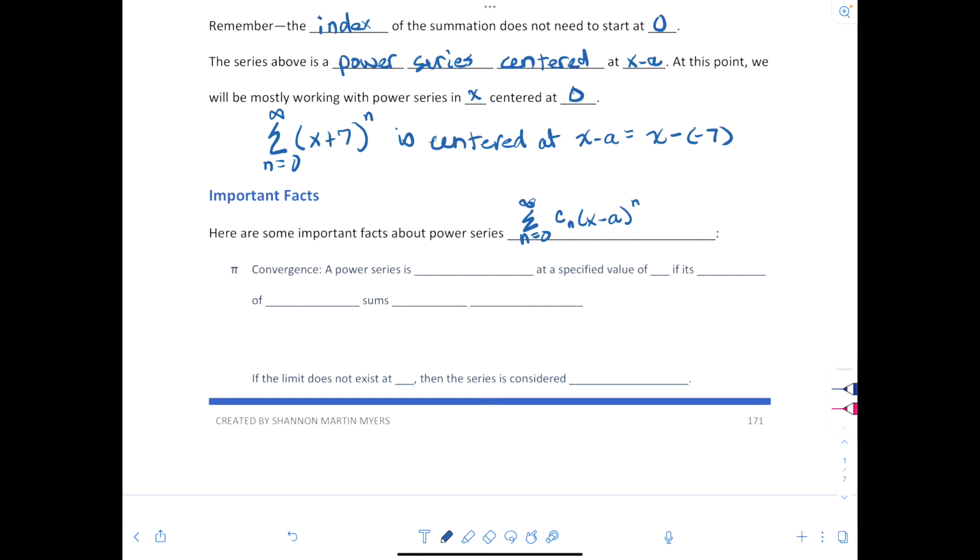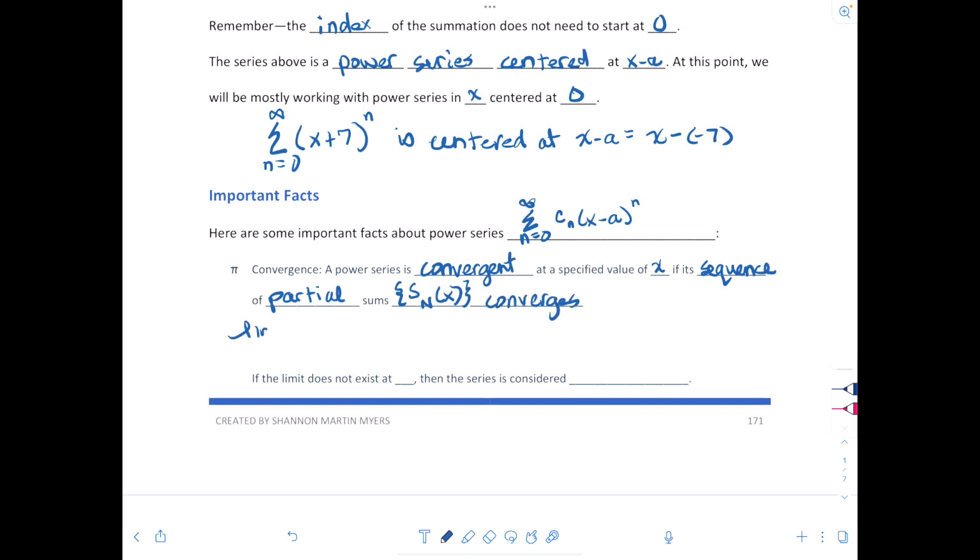A power series is convergent at a specified value of x if its sequence of partial sums, and the way we denote that is this set, it's the sequence of partial sums in terms of x, converges.